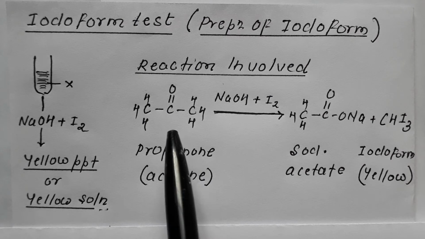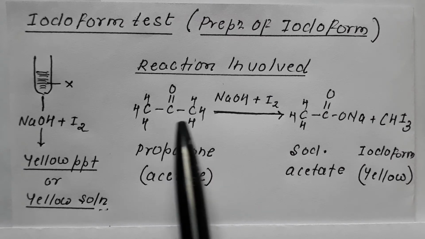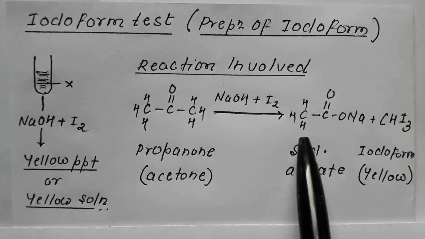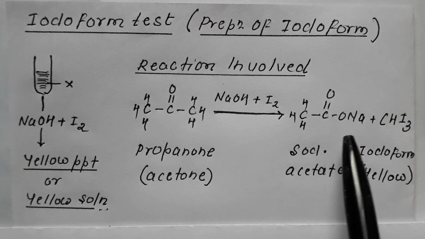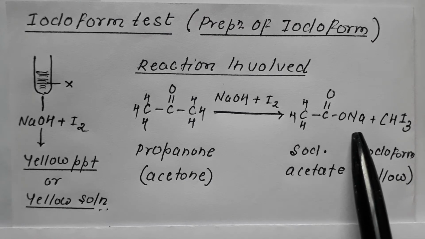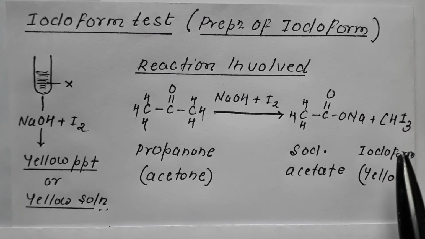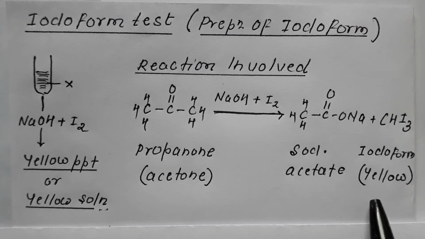The carbonyl bond breaks and it results in formation of CH3, C double bond O, ONa, that is a molecule of sodium acetate, and a molecule of CHI3, that is iodoform, which is yellow in color.